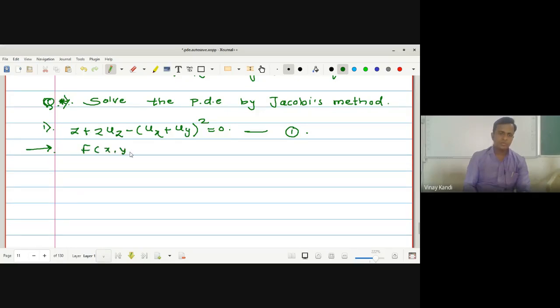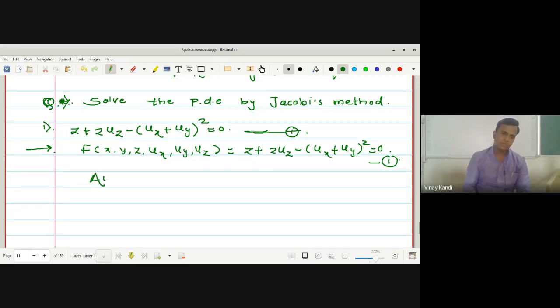F of x, y, z, ux, uy, and uz equals z plus 2uz minus (ux plus uy) whole square equals 0. This is equation number 1.